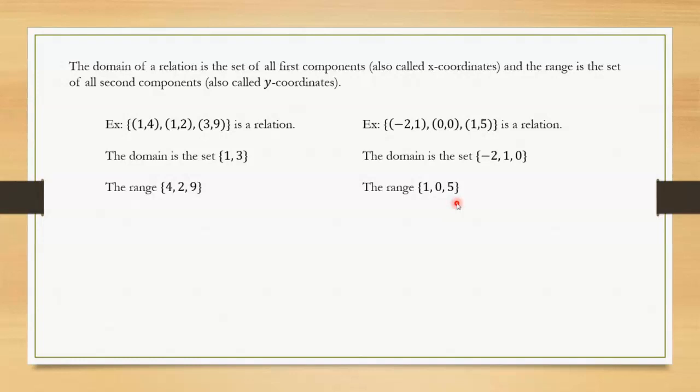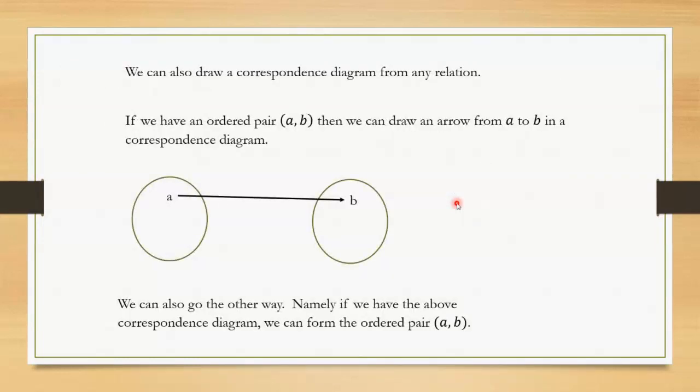All right. Now, as I said before, there is a connection between correspondence diagrams and relations. Namely, if you have, as you see here, an ordered pair A, B, like from a relation, then you can actually make a correspondence diagram and draw an arrow from A to B, like so.